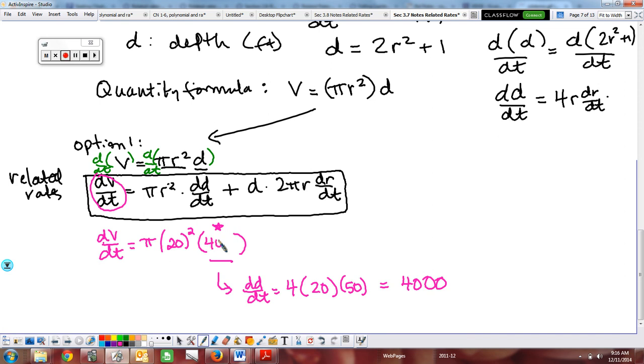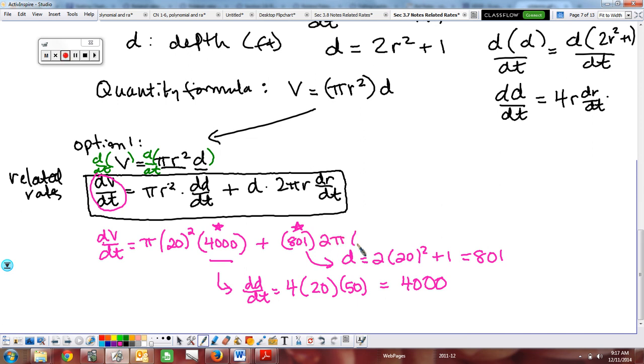So I can fill in my 4,000 here, plus my D. Oh, wait a minute, I don't know that one either. Let's put a star by that. There's a lot of extra work in this. You've got to find all this information. I have a formula for D: D equals 2 times r, the 20, squared, plus 1. So we just have to figure that out. All right, so that's 801. So that's going to get filled in there.